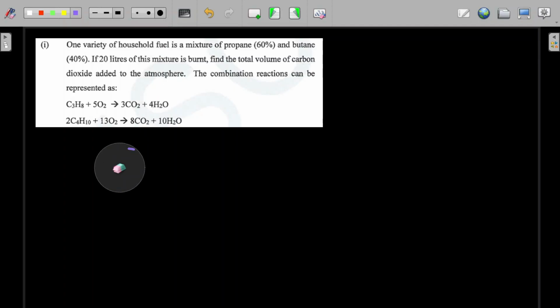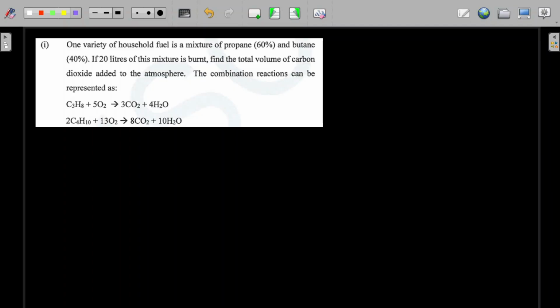Okay. Now see, first you understand this question. Whenever a new type of question comes, don't be afraid of it, as some people get afraid. So first read, you will have all of that understanding part. One variety of household fuel is a mixture of propane, which is 60%, and butane 40%. If 20 liters of this mixture is burnt, find the total volume of carbon dioxide added to the atmosphere.